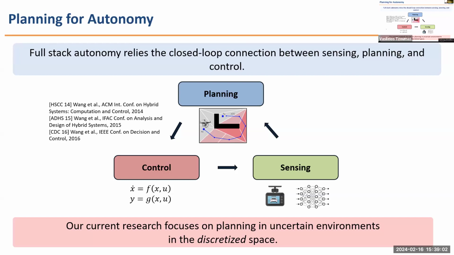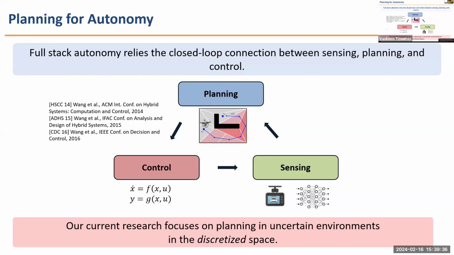Such a stack of planning and control usually works well unless your planning problem is too hard. When you plan a path and then use control to follow that path, there's always an error margin. If that error margin is tolerable, everything is fine. But if your case really requires very aggressive maneuvering, like flying a drone through a loop, then this kind of dichotomy does not work very well.